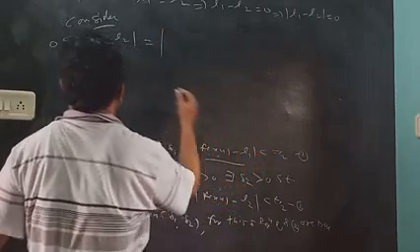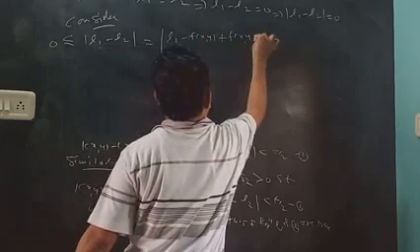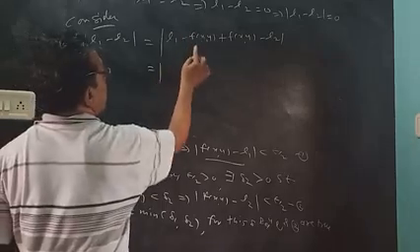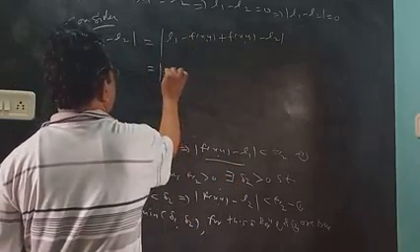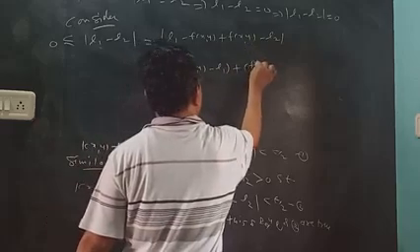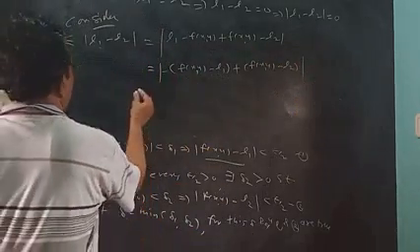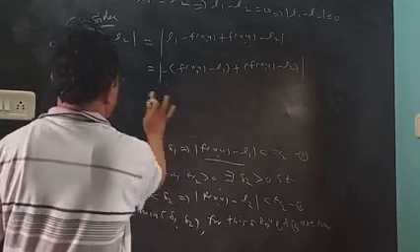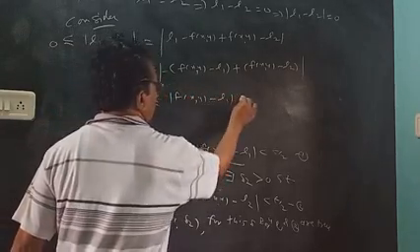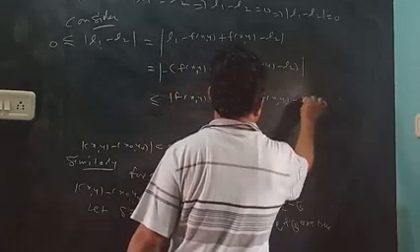We use the function f of x,y, adding and subtracting f of x,y. So mod of L1 minus L2 equals mod of (f of x,y minus L2) minus (f of x,y minus L1), which is less than or equal to mod of f of x,y minus L1 plus mod of f of x,y minus L2.